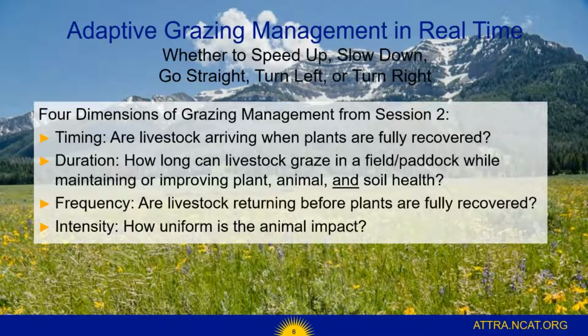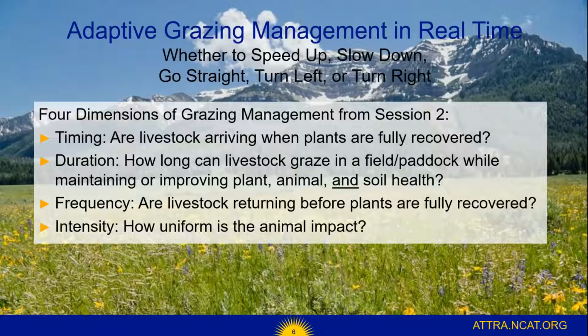That just goes to show that grasses, forbs, and legumes require animals to be grazing on them periodically. Otherwise, the old growth is never removed, and that actually stifles future plant productivity.